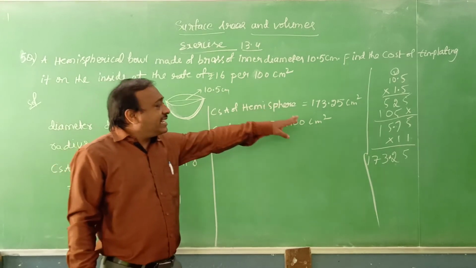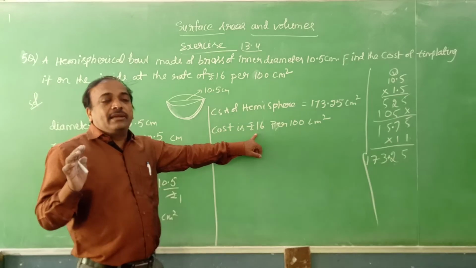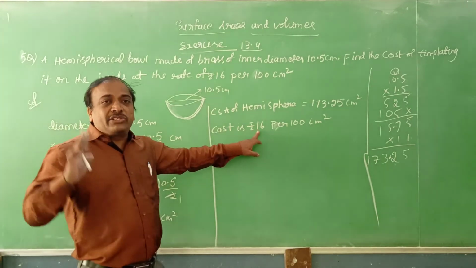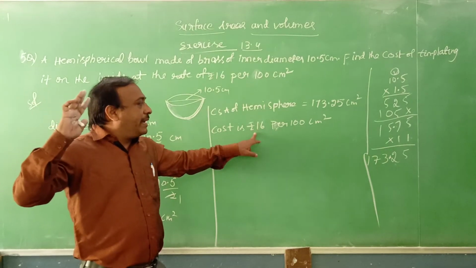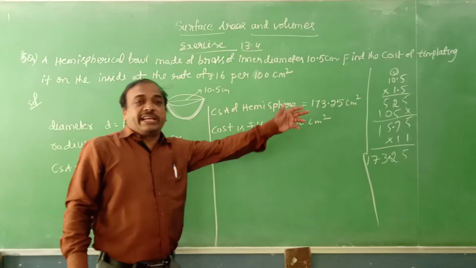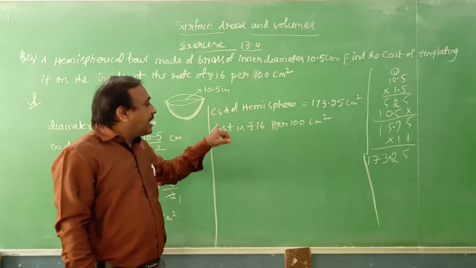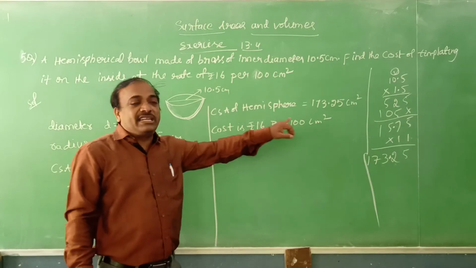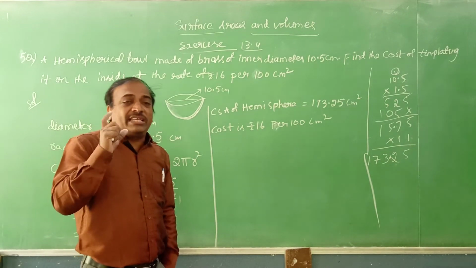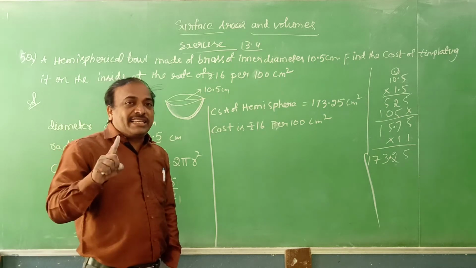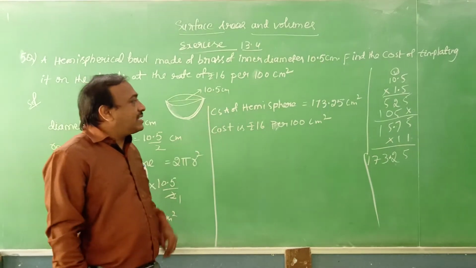Suppose for 100 centimeter square you have 4 rupees, for 4 rupees you are getting 20 pence, like this. You have to think: the cost is rupees 16 per 100 centimeter square.